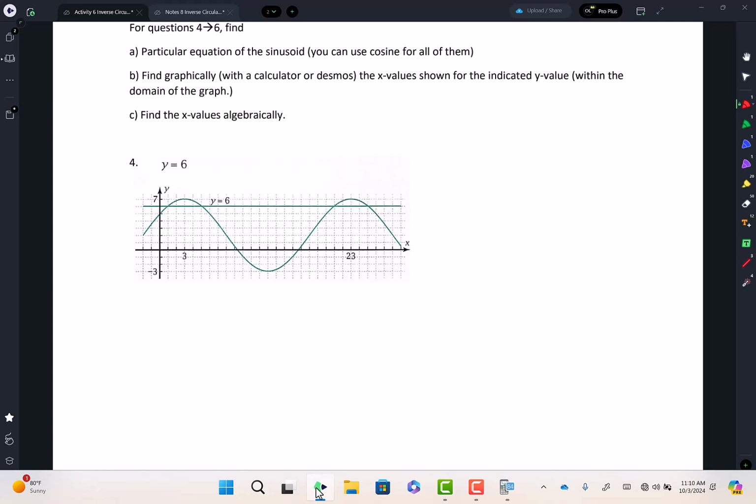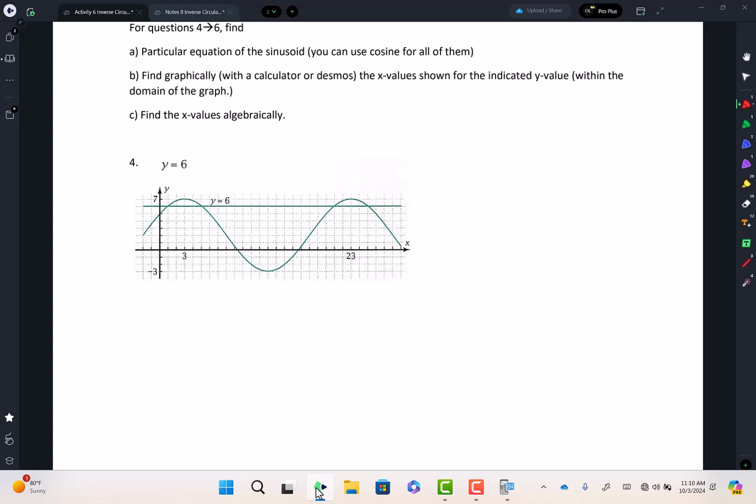All right, so you're just doing letter A. Read letter A for us. Particular equation of the sinusoid. You can use cosine for all of them. What that means is I want an equation for that sinusoid, the one that's going up and down. We've done that many times, right?